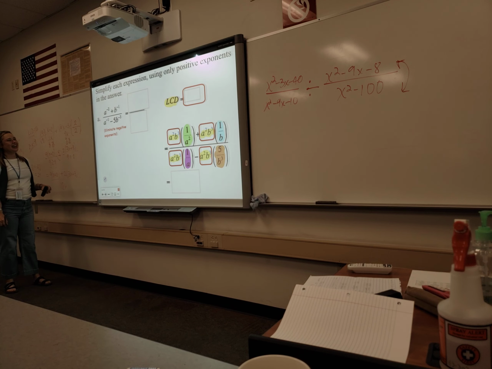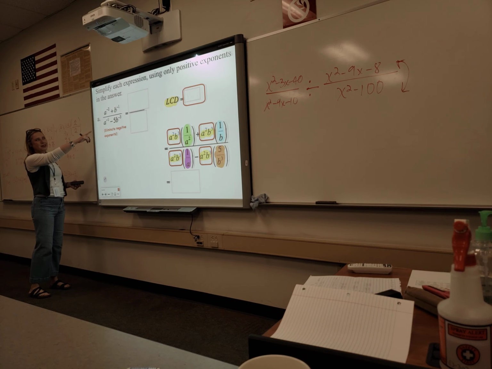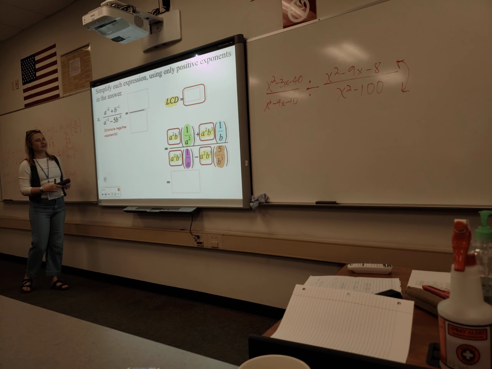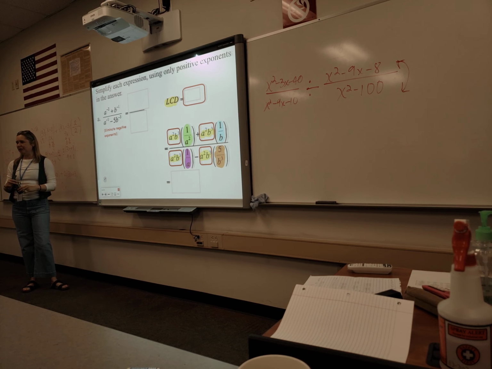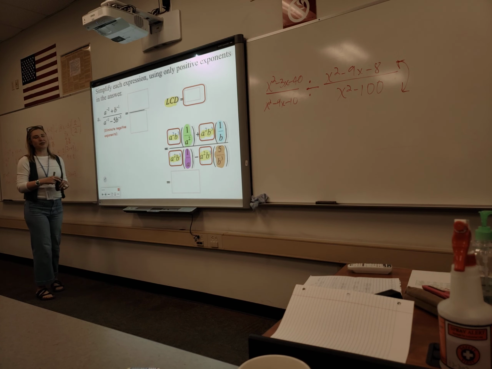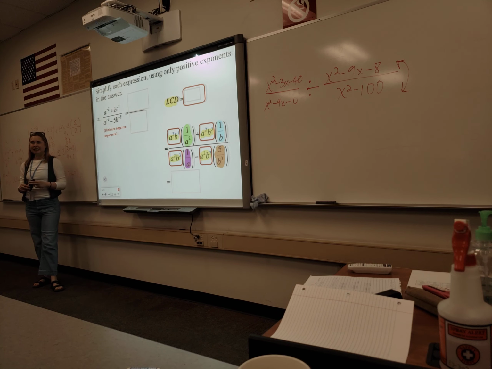Okay, this looks pretty simple at first glance, but you know what? It's not. Because a to the minus 2 power, does anybody remember what that looks like? Another way to write that? 1 over a to the second power. Yes, correct. 1 over a to the second power.